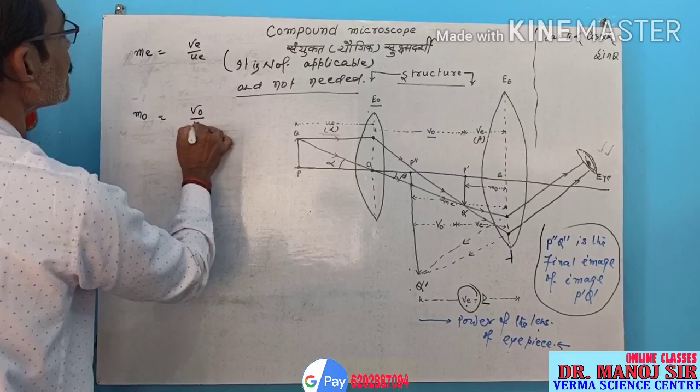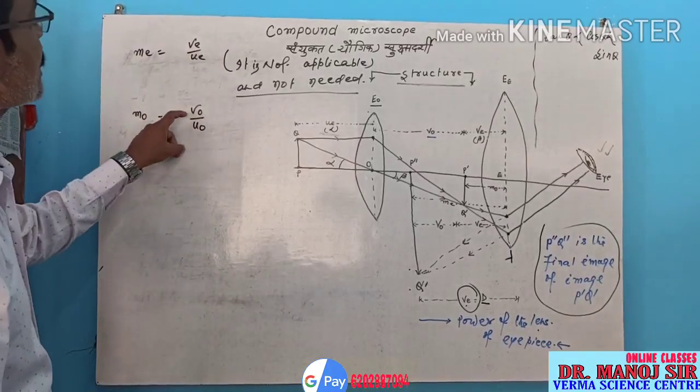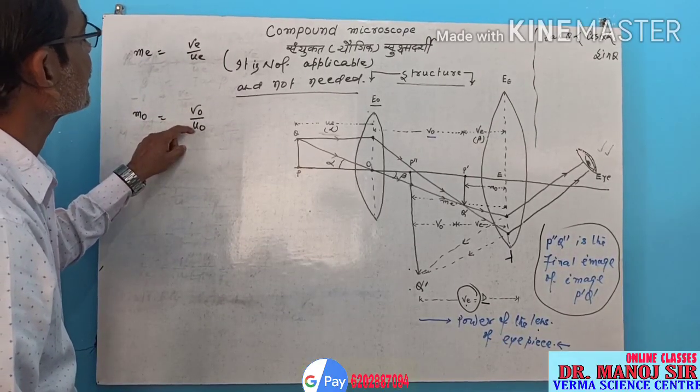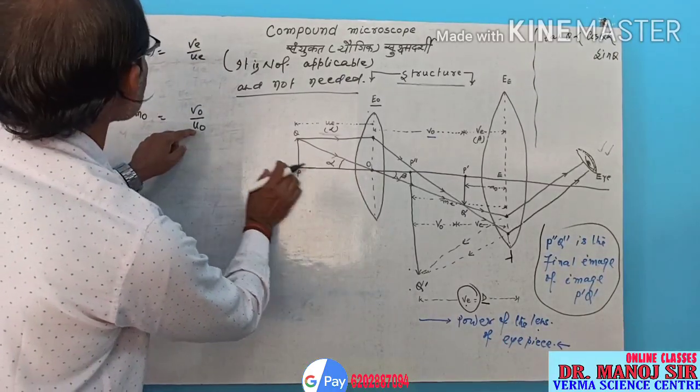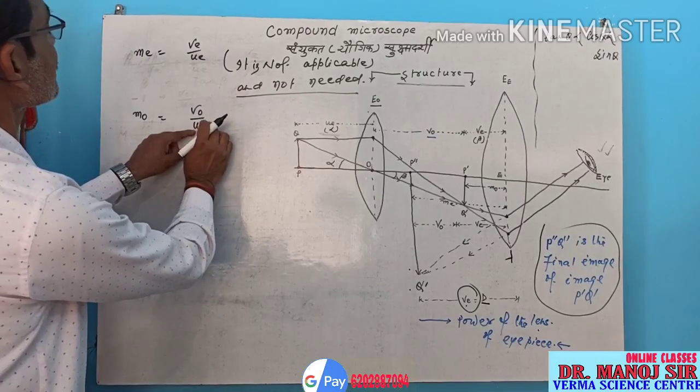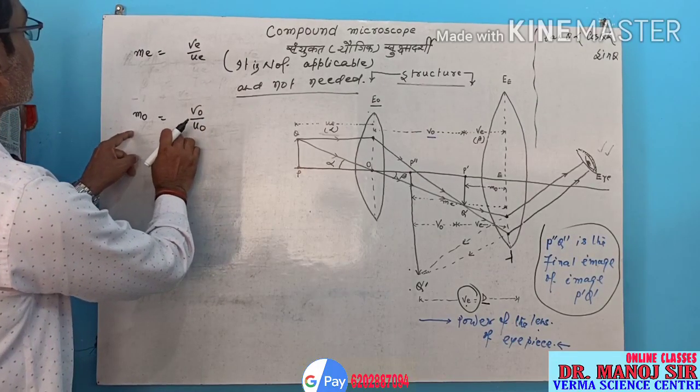The ratio of the image distance and the object distance of the objective piece is the magnification of the objective piece.